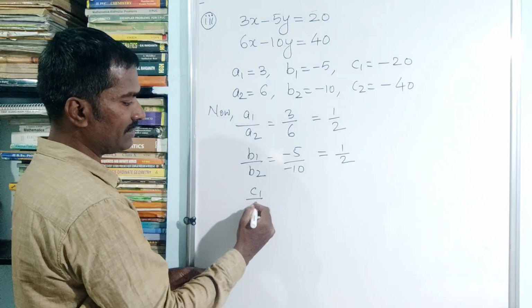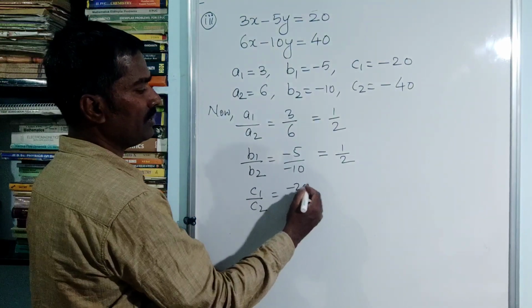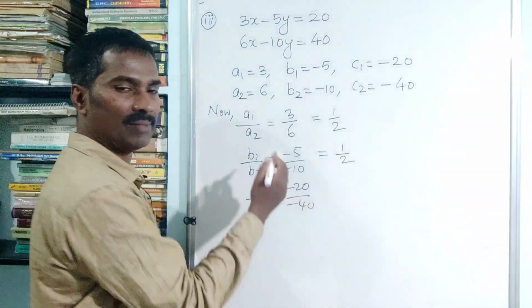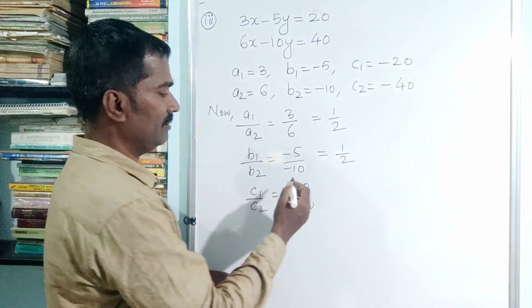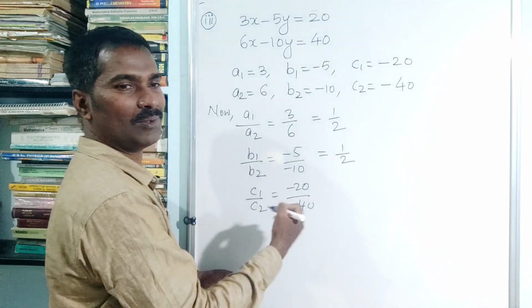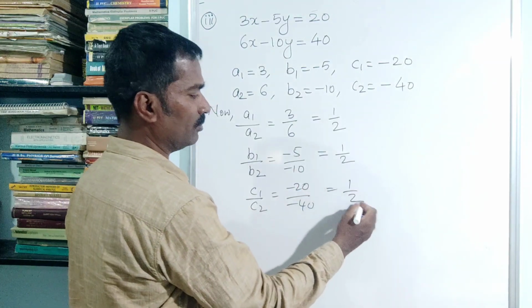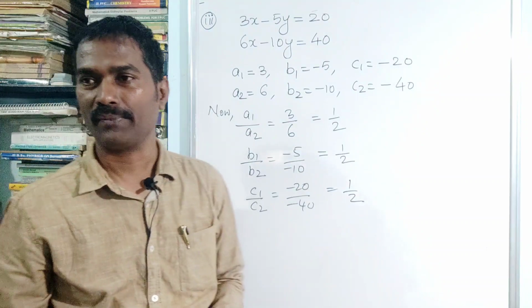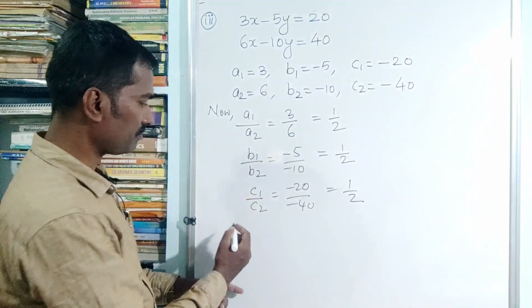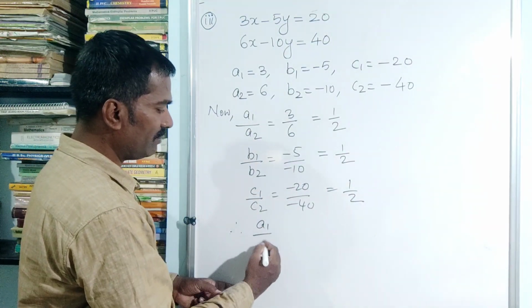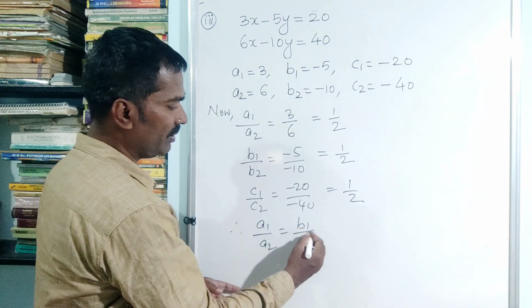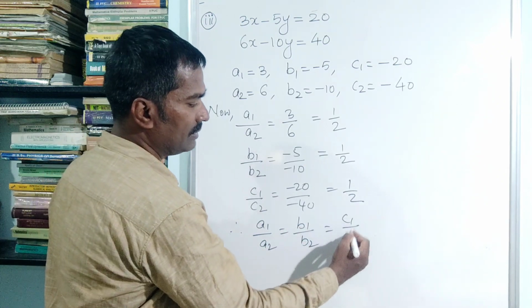Next, c1 by c2 is minus 20 by minus 40. Minus cancels, 0 0 cancel, 2 ones are 2, 2 twos are 4, answer 1 by 2. We observe that all the answers are the same: 1 by 2, 1 by 2, 1 by 2. Therefore, a1 by a2 is equal to b1 by b2 is equal to c1 by c2.